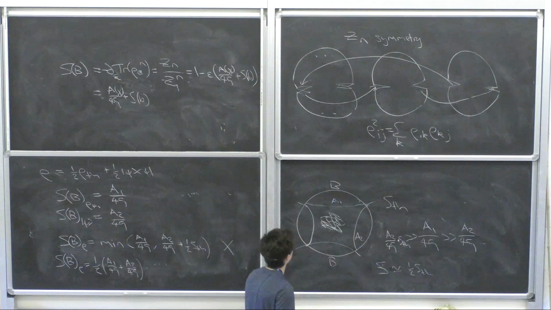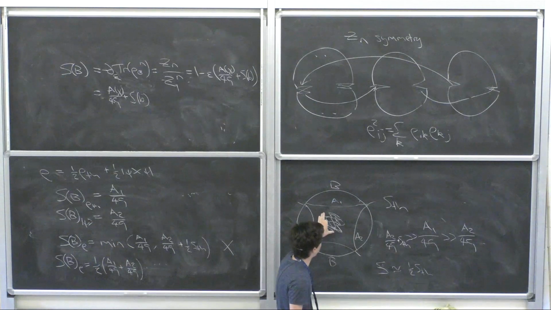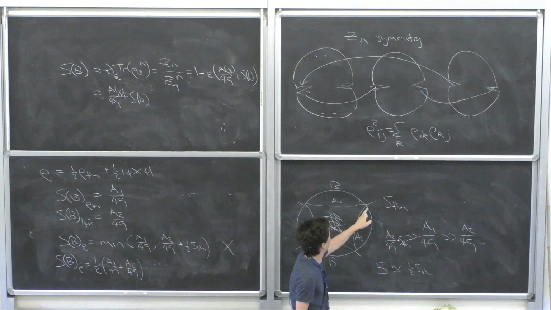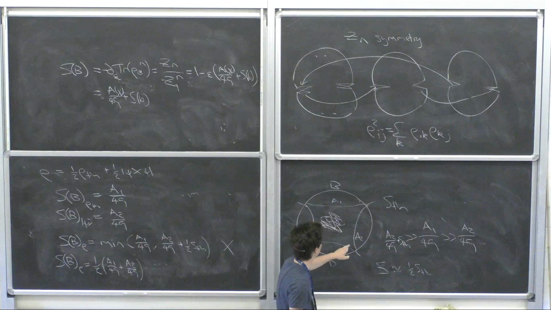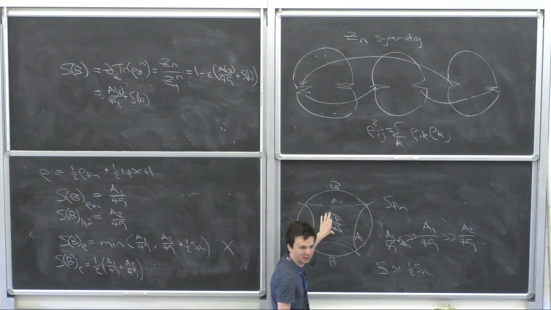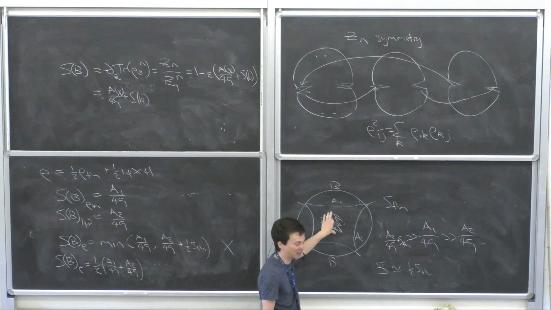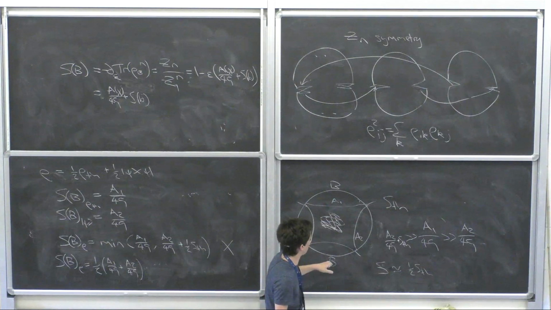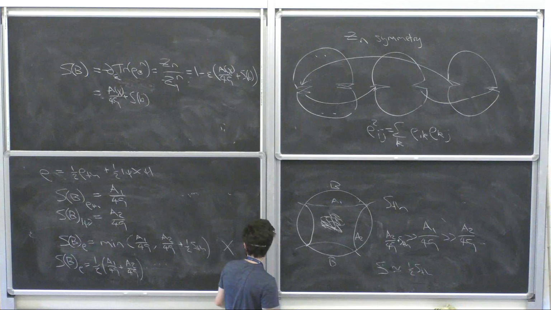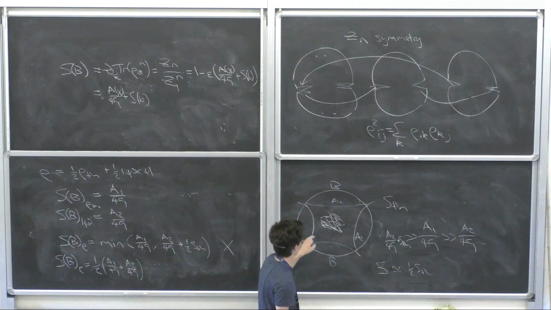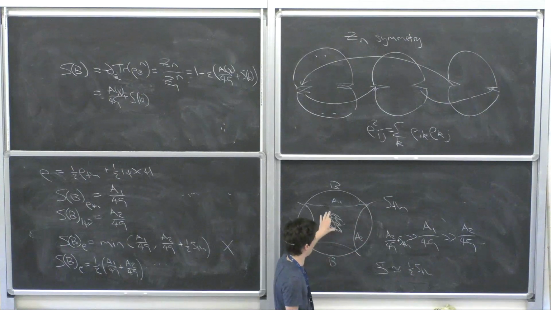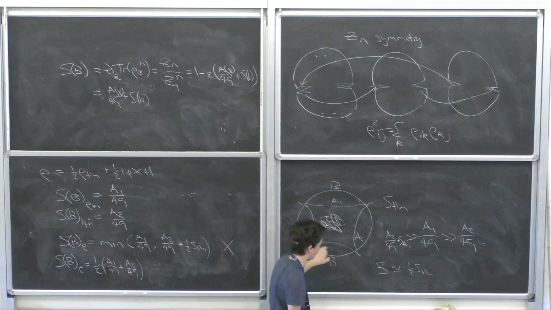But morally, what you need is that the area of this surface plus the log of the largest eigenvalue minus the log of the largest eigenvalue of this thing is already, let me get this the right way around, larger than this one, or you need to have this one plus the log of the smallest eigenvalue minus the log of the smallest eigenvalue is already smaller than this one.